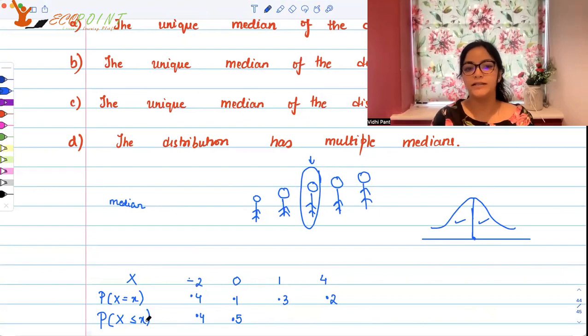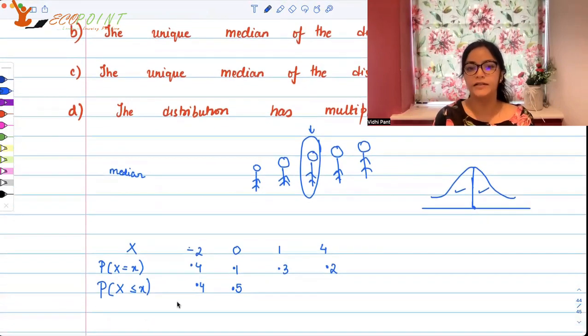Cumulative means probability x is less than or equal to x, right? So for the value 1, you have to add up till 1. So that means 0.4 plus 0.1 plus 0.3, that gives you 0.8. And of course, the total sum of all the probabilities is 1. So the cumulative for the last value, 4, has to be 1, right?